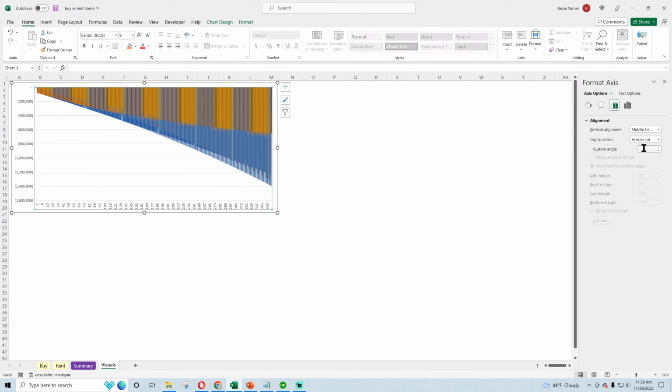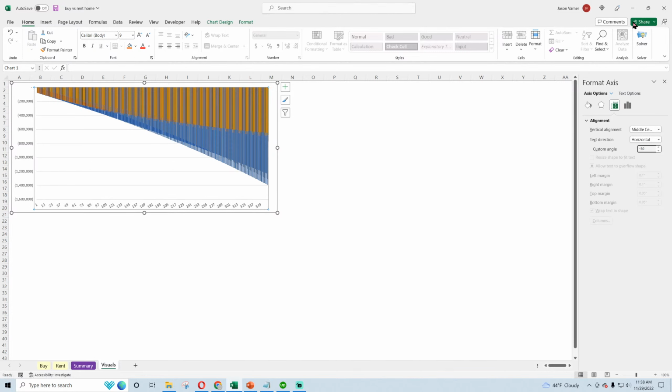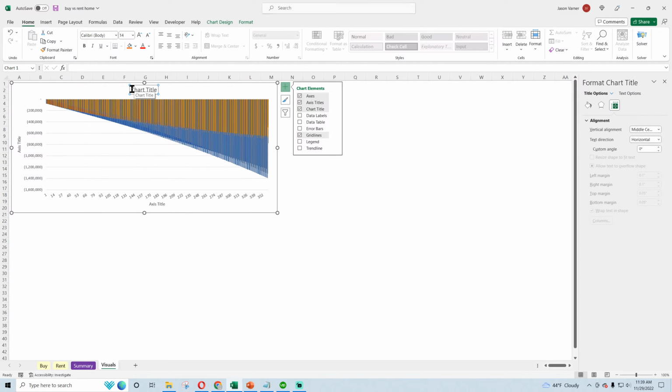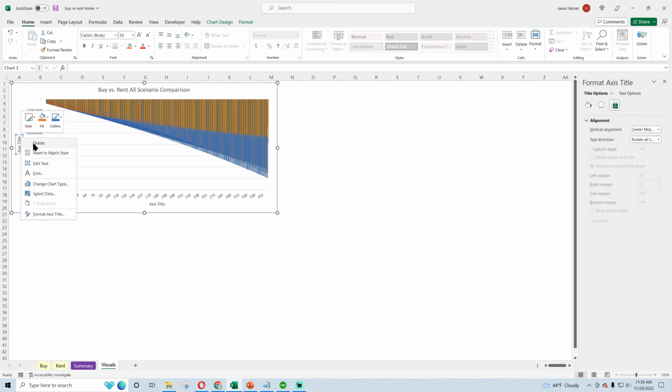We could give them a little horizontal and a label. Buy versus rent, all scenario comparison. And then we're going to do specific scenarios.